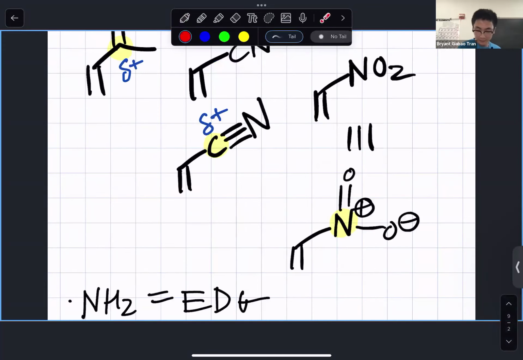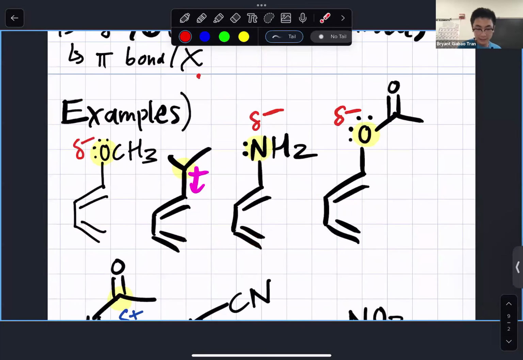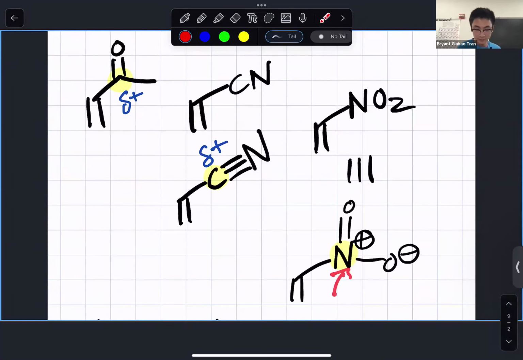The reason is because that nitrogen here of the NO2 is positively charged, and the NH2 here is partial negative charge with the lone pair of electrons. The NO2 here has no lone pairs of electrons to donate, so that's why it cannot be a donating group. It has a positive charge, which can withdraw electrons from that dienophile. Okay.